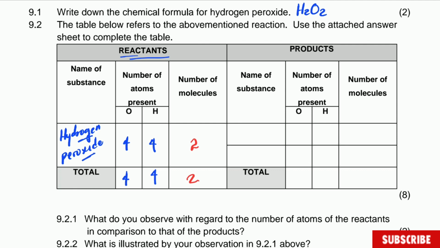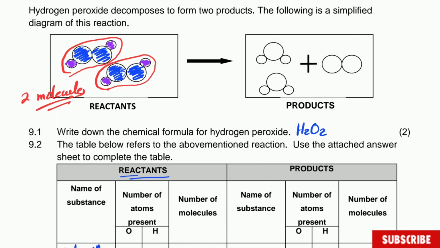Name of the substance of the product. Now we go back here. Here we have the combination of 1 oxygen with 2 hydrogen. And then at the bottom is the same. We have 2 hydrogen with 1 oxygen. And then the other substance you have is 2 oxygen together.